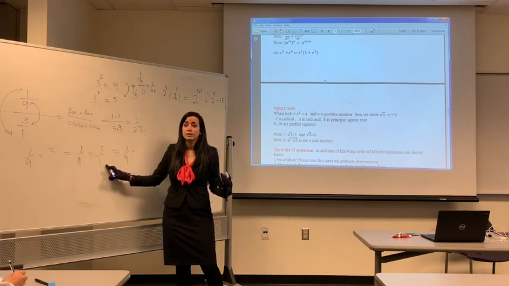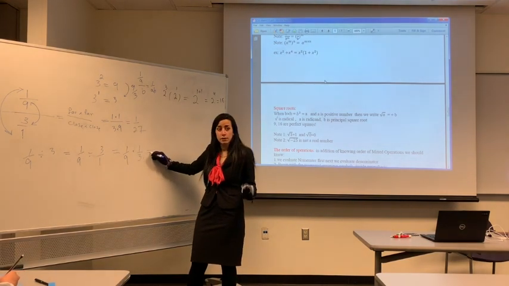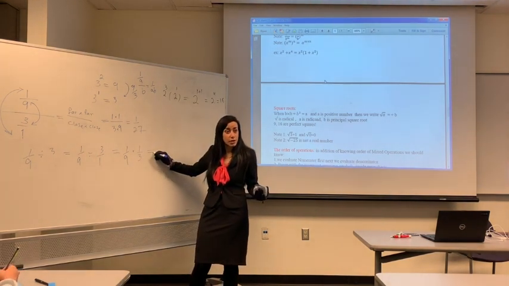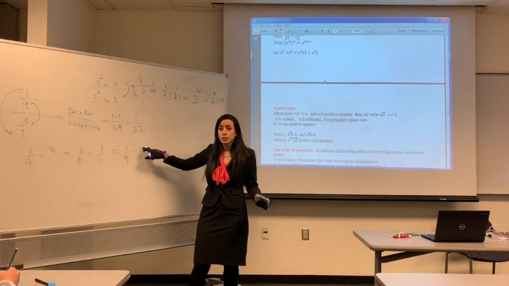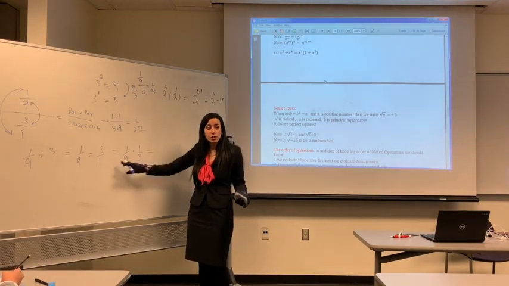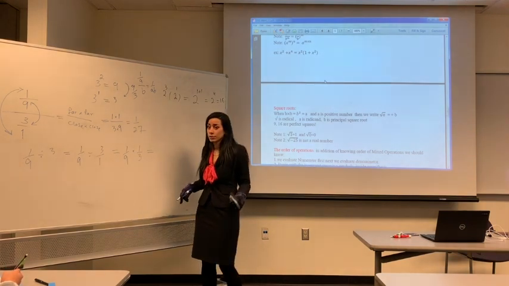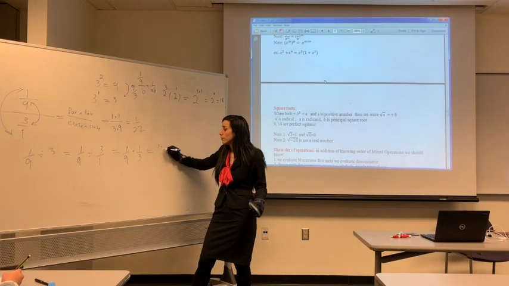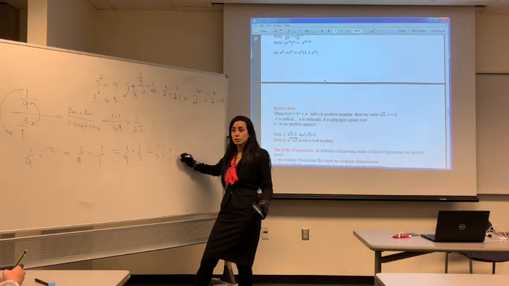The reciprocal of this one is 1 over 3. Multiplies to 1 over 3. Correct? So now numerators can be together. Denominators can be together because this is multiplication. So 1 multiply 1 divide by 9 multiply 3, which is 1 over 27.